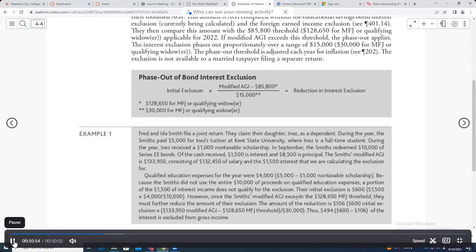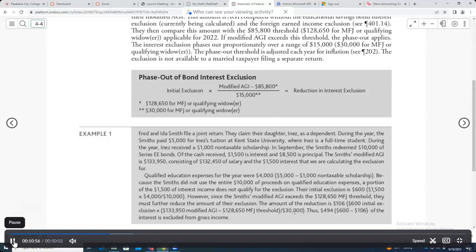Since the Smiths' modified AGI exceeds the $128,650 modified AGI married-filing-jointly threshold, they must further reduce and calculate the amount of the exclusion. The amount of reduction is $106, which is the $600 initial exclusion multiplied by a ratio. The ratio is how much modified AGI is above the threshold, which is, let's say, $5,000 something, 5,000 out of $30,000.